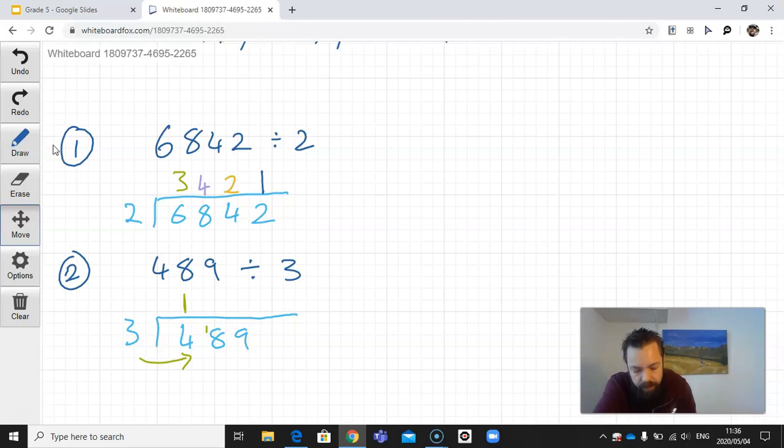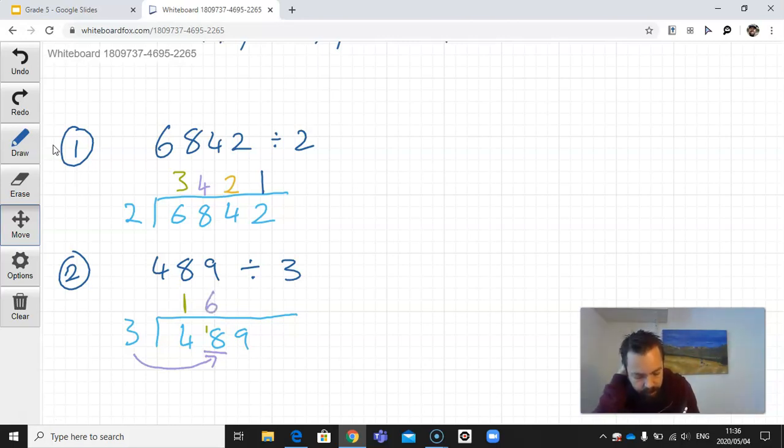Next step, I'm going to ask, how many times does 3 go into this? But this is no longer an 8, it's 18. All right, so this is now considered 18 because we've got the 1 that we got from our neighbor. So 3 goes into 18, 3, 6, 9, 12, 15, 18, 6 times.